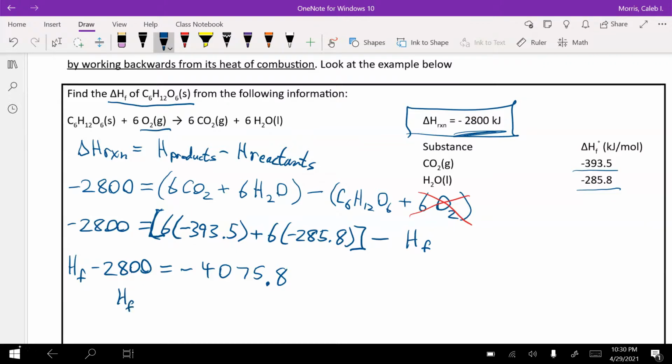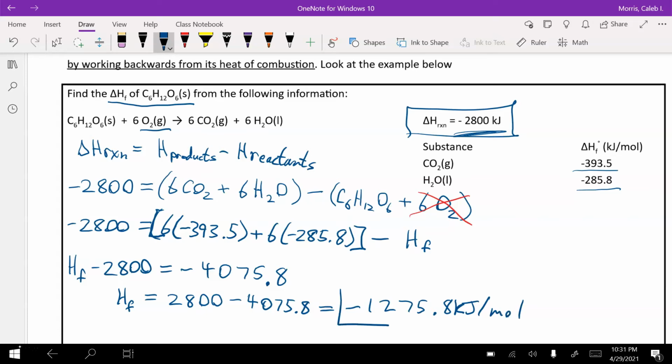Enthalpy of formation equals, it becomes positive because I switch sides, 2,800 minus 4,075.8, and I get negative 1,275.8 kilojoules per mole as my heat of formation for this compound, C6H12O6.